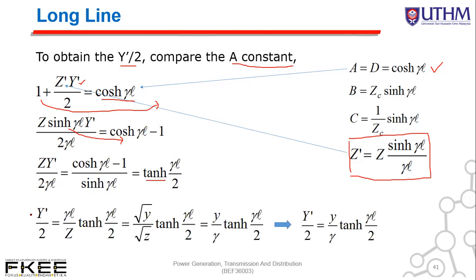Then we simplify Y prime over 2 through this formula, so we get Y prime over 2 equal to Y over gamma, tanh gamma L over 2. So we have this Z prime and this Y prime over 2, so we can find what A, D, B, and also C are.